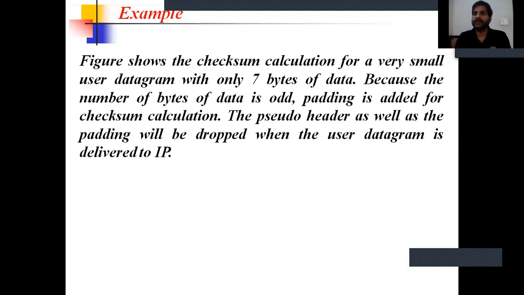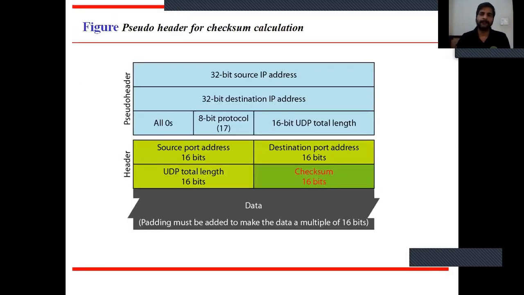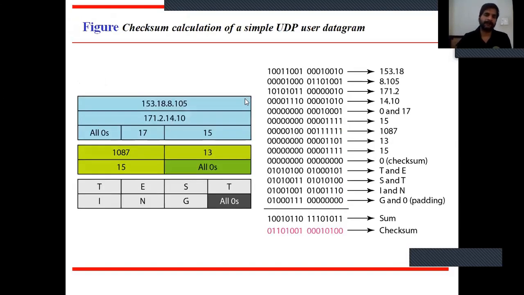So the checksum calculation for a very small user datagram with only 7 bytes of data is like this. The 32-bit source IP address, suppose, is 153.18.8.105, and the destination address is 171.2.14.10. First we calculate in 16-bit form.